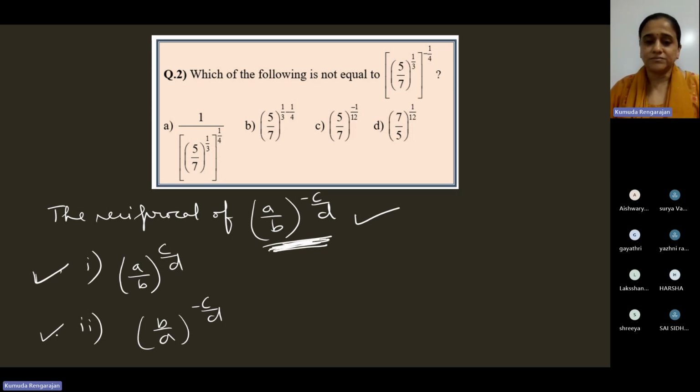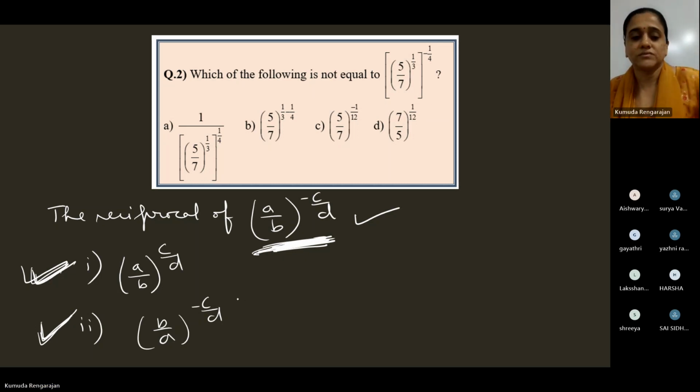In the second one, you have written the reciprocal of the base, A by B is written as B by A, but you have not made any change to the power. You've written the power as it is, minus C by D. So in both of these, you have made only one of the two changes, which means these expressions represent the reciprocals of the given expression. Yeah, you can make a note of this.